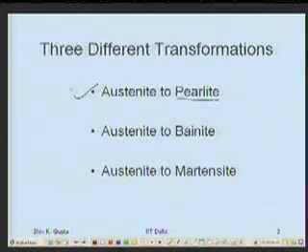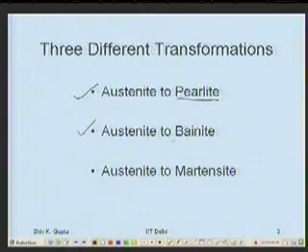Austenite is transformed to pearlite. The mechanism involves the diffusion of carbon over some distance, which is the interlaminar spacing between the middle of the ferrite plate to the middle of the cementite plate.